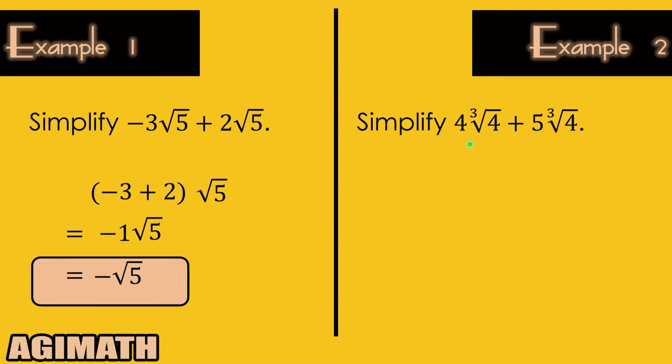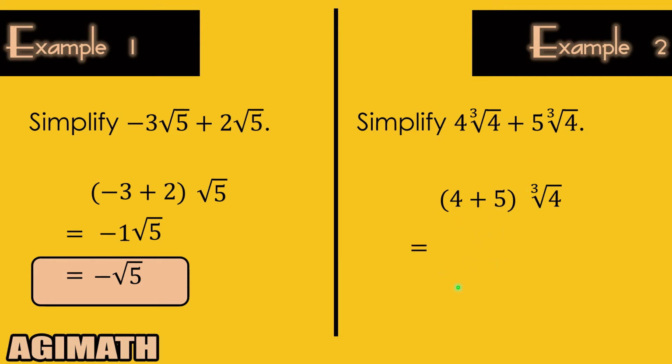Now, since it is confirmed that they are similar radicals, we can proceed. So we copy the common radical expression, which is the cube root of 4. And then combine the coefficients, 4 and 5. So we have 4 plus 5. And 4 plus 5, it is just like we are going back to elementary years.